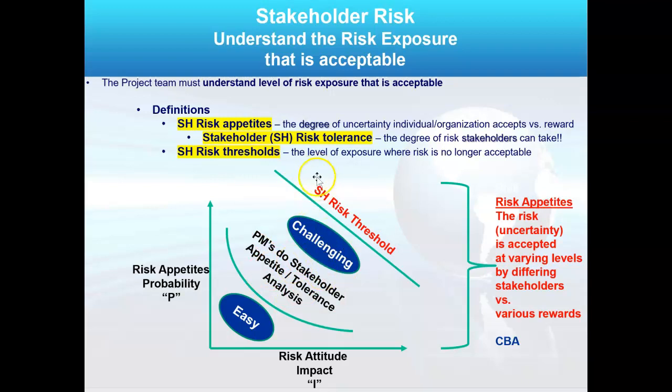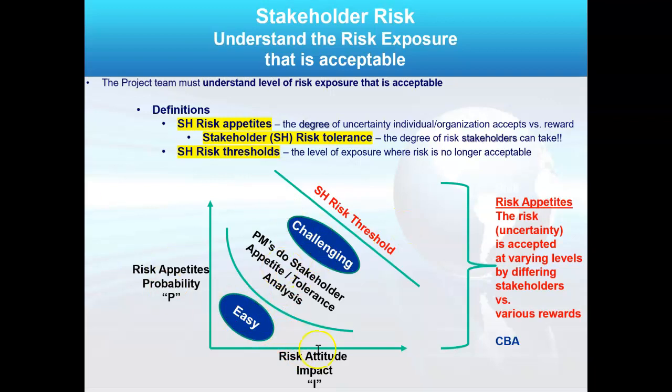But then there's a stakeholder risk threshold. That is the area about which you would never go, no matter how many mitigations. You just won't do it. Now, this stakeholder, this could be you. You have an appetite as the project manager. You have a risk tolerance and you have a threshold, right? Based on this probability and impact. But so does your boss, and so does your company and its culture.